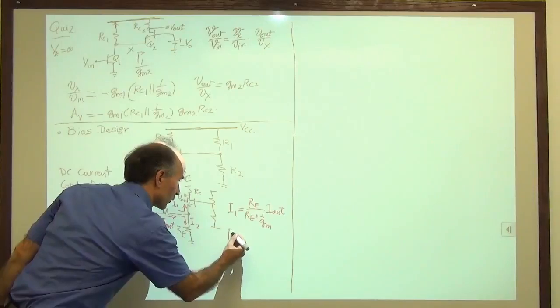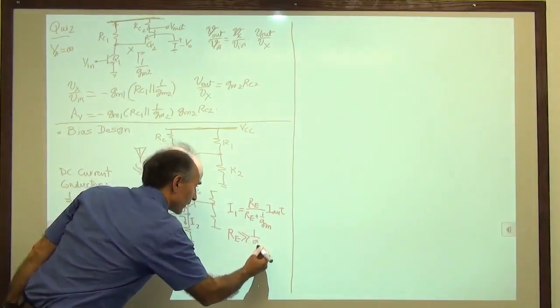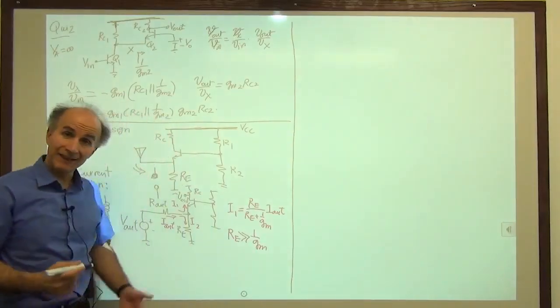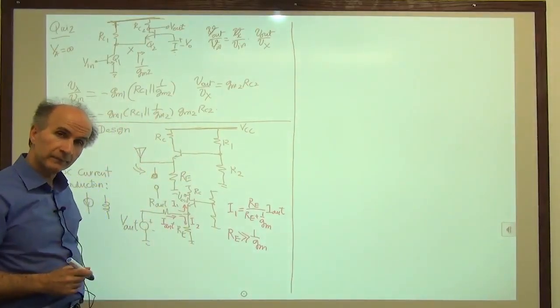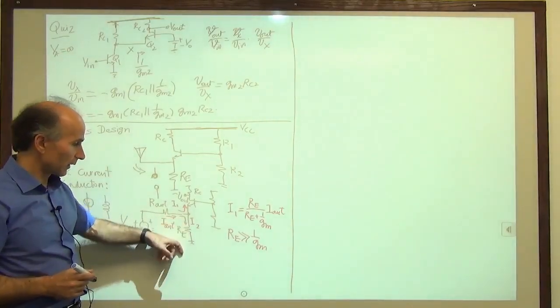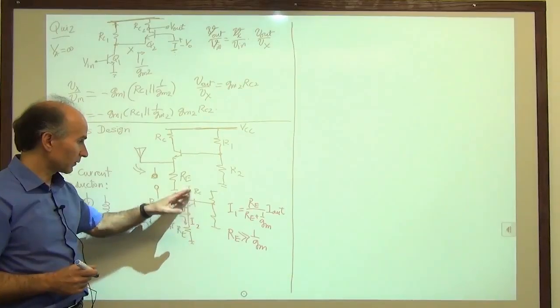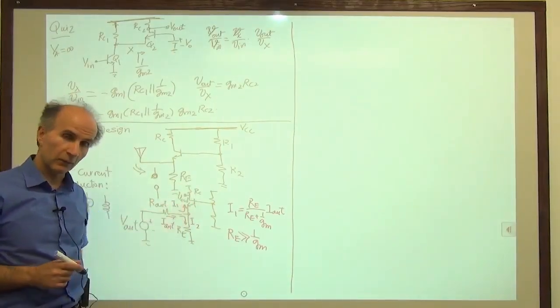So that's how we would choose RE. RE has to be large, and specifically much greater than 1 over GM, maybe 10 times. All right, so that the current is not wasted through RE. All of the signal current ends up going through the transistor to the collector through RC and generates a voltage for us.